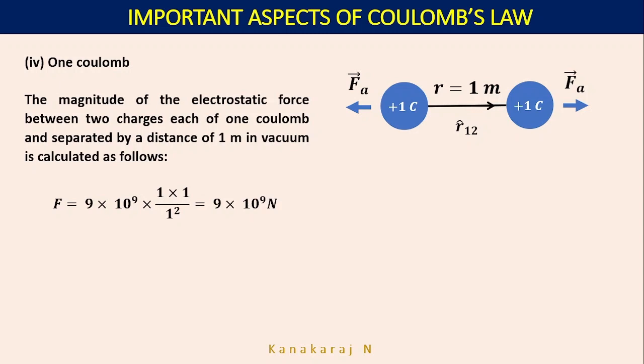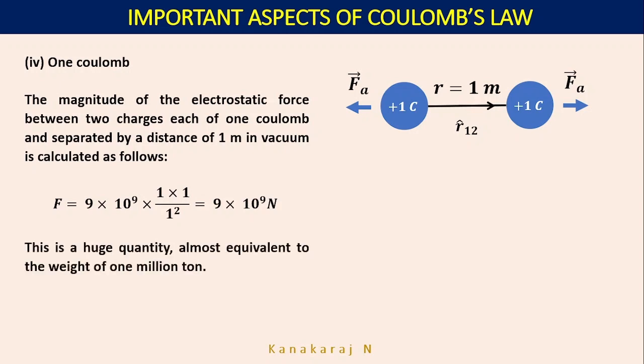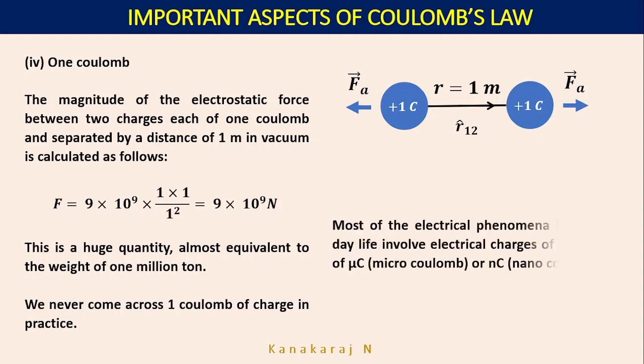The final answer is 9 into 10 power 9 Newton. Right? Good. This is a huge quantity, almost equivalent to the weight of 1 million tons. We never come across 1 coulomb of charge in practice. Most electrical phenomena in day-to-day life involve electrical charges of the order of microcoulomb or nanocoulomb.